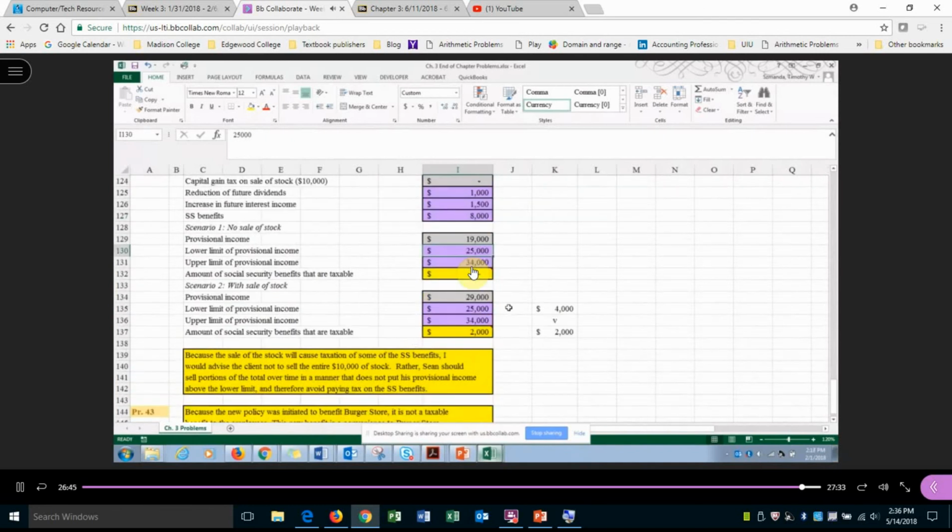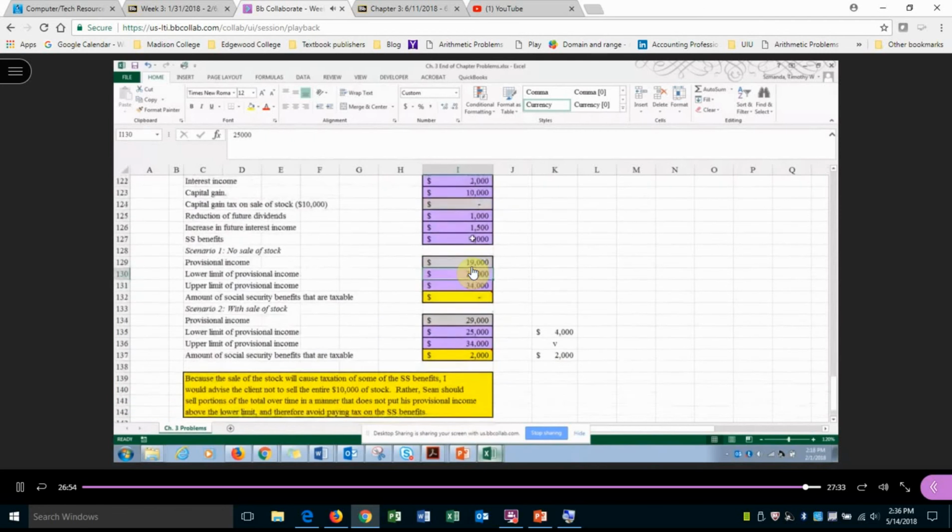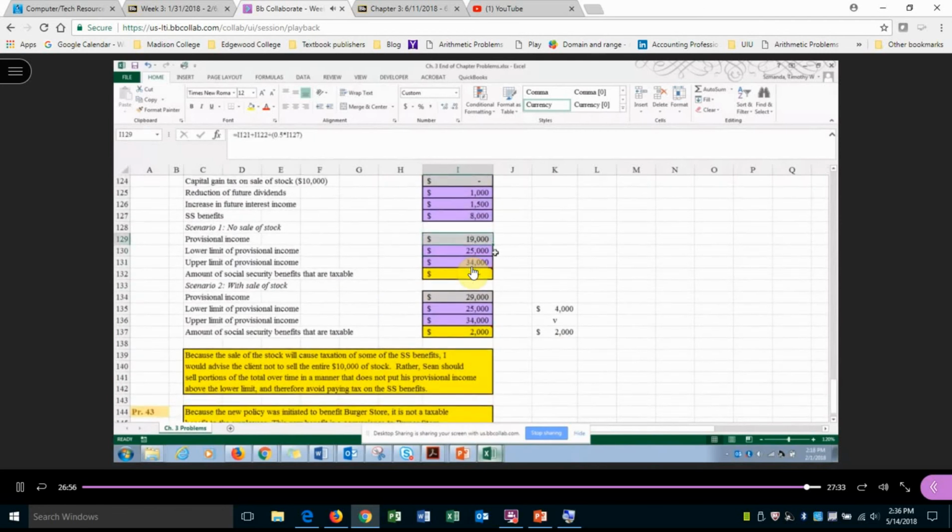You can even sell half of it and stay below the threshold, because the capital gains would be $5,000, and 19,000 plus 5,000 is 24,000. That's still below our lower threshold. So they could sell half of the stock and get a $5,000 cap gain, and it would keep their provisional income below the lower limit.